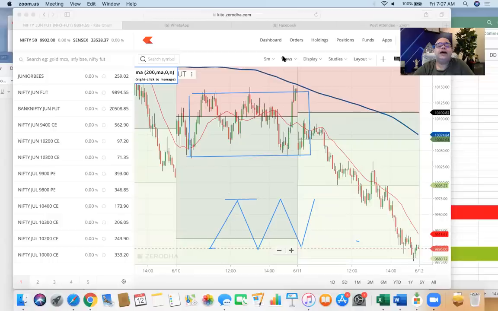And where could that congestion lead you to? That could lead you maybe to about 9650 to 9700. Do not get sucked in if you cannot be nimble. Today is not the day to buy positionally. Okay, so just keep that in mind.